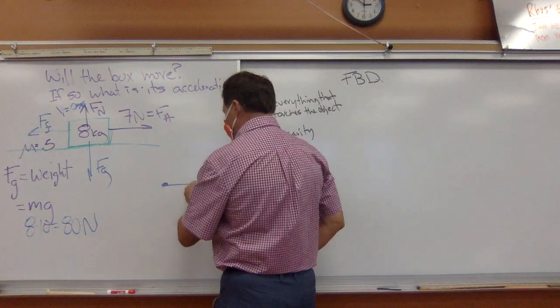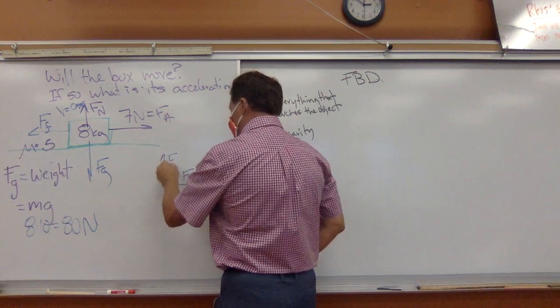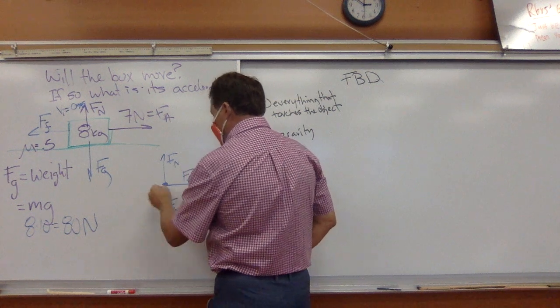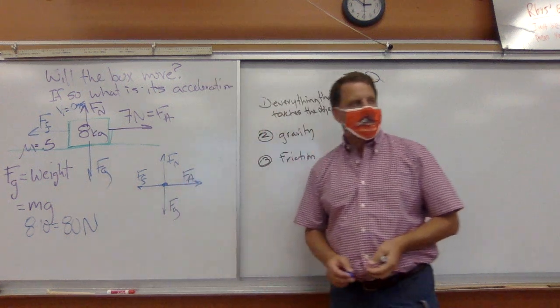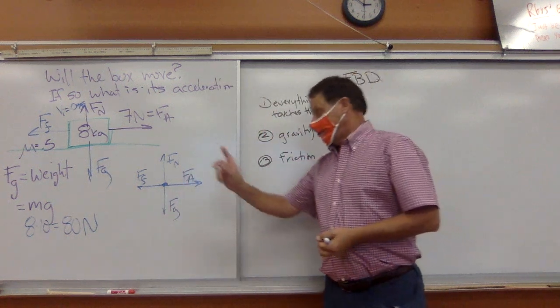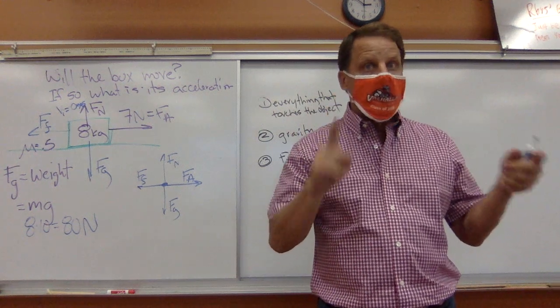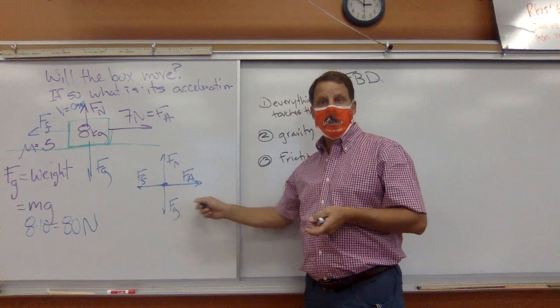And then we would have the applied force, the normal force, the force of gravity, also the weight, and the force of friction, okay? Now, for the most part, all of your free body diagrams are going to look like this, okay?